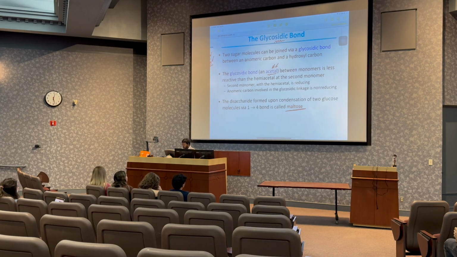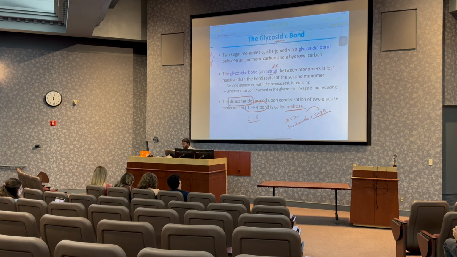Maltose has a 1,4 bond, somewhere we have a 1,6 bond, and we'll see how we can make 1,4 or 1,6 bonds in a disaccharide. The word here is disaccharide. Di means two, saccharide means sugar.